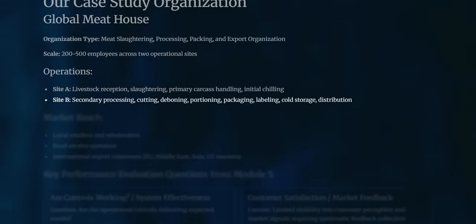And at Site B, we handle secondary processing, cutting, deboning, portioning, packing, labeling, cold storage, and distribution operations.